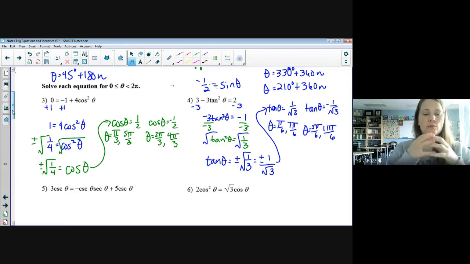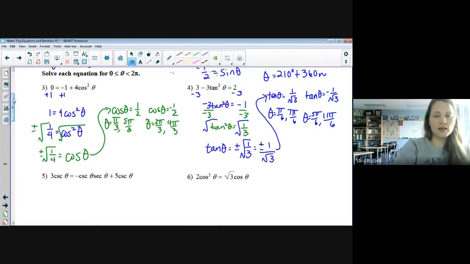The next kind we're going to do, these have lots of different trig functions in them, and we're going to do some factoring. So if you look at number 5, it looks like a bunch of secant and cosecant mess. So anytime that you've got multiple sets of variables, they might be different types of things, you want to go ahead and move everything over to one side.